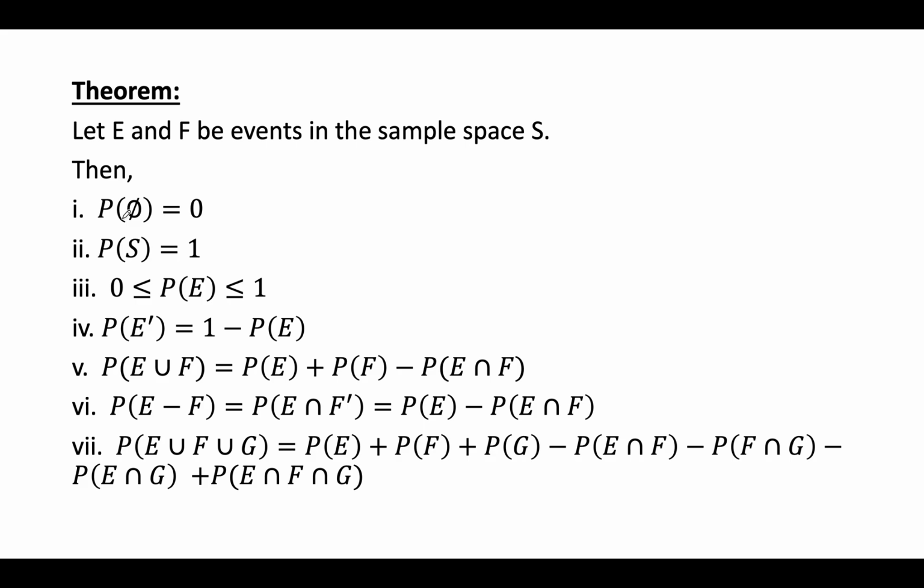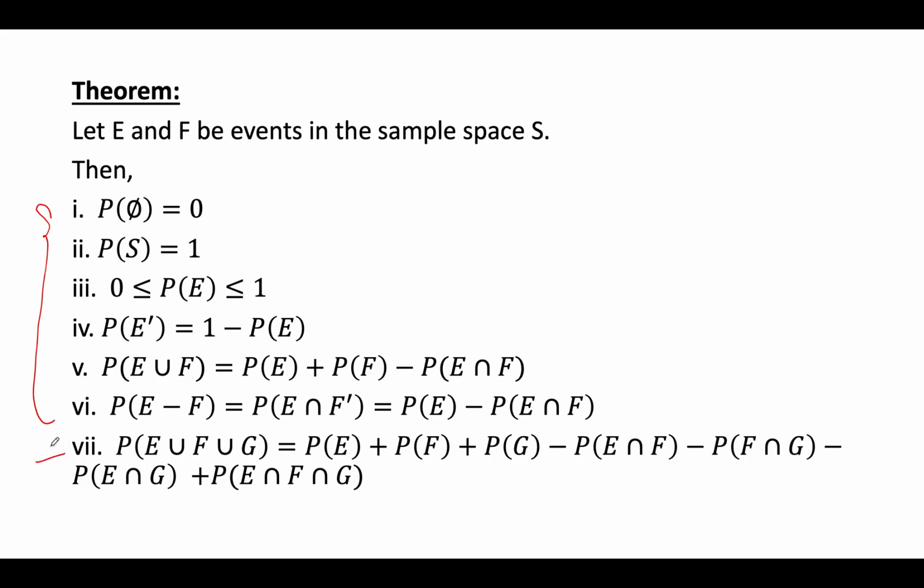Here we got the theorem. For example, E and F are events in a sample space. Then we already saw those earlier, which is the theorem that we saw earlier.